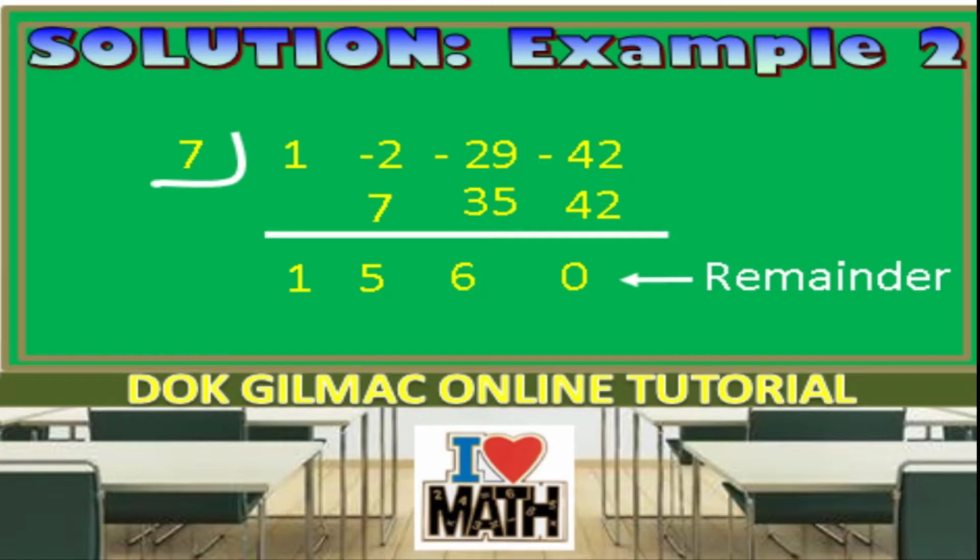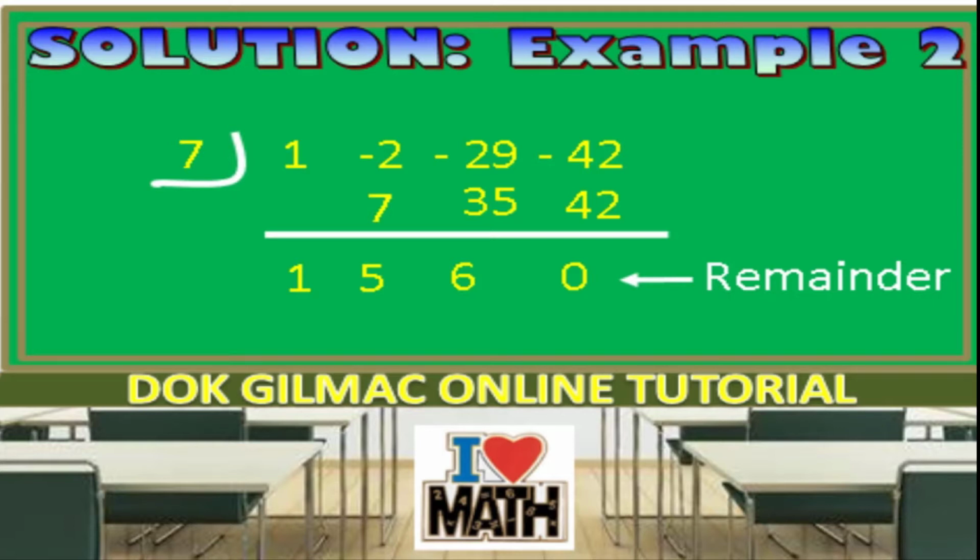Now, how do we get the quotient? Again, since you are dividing x cubed by x, the leading coefficient, as you can see here, is 1, and the term has an exponent of 2, x squared, the variable x rather.